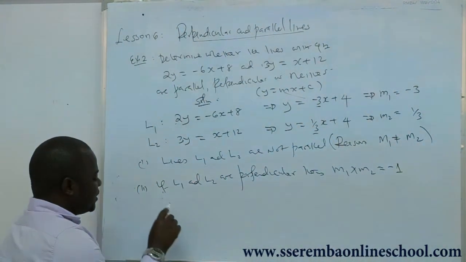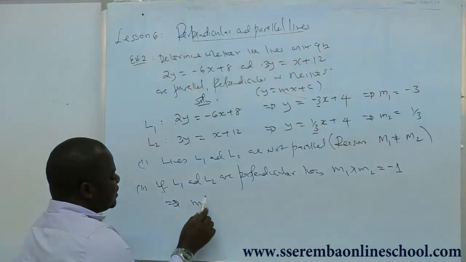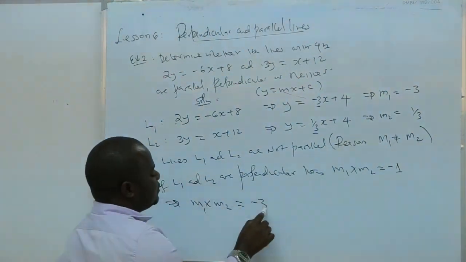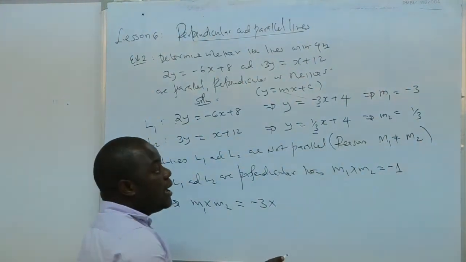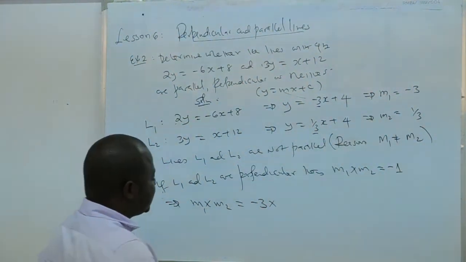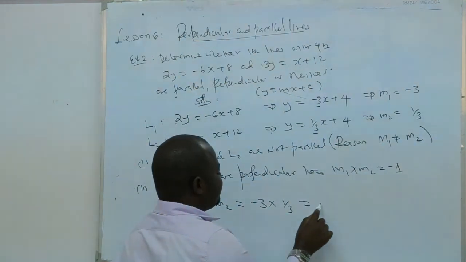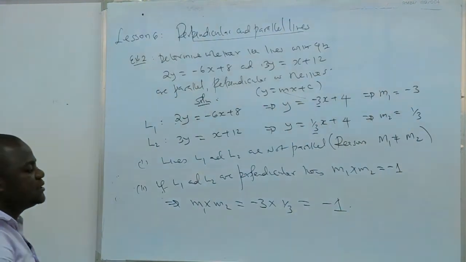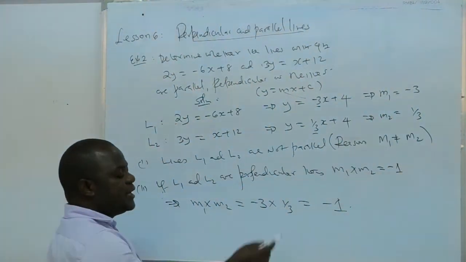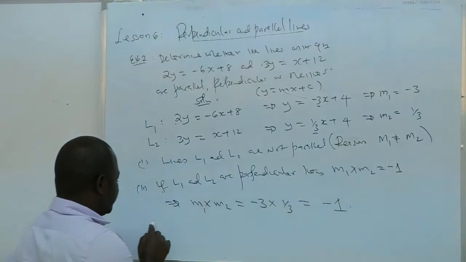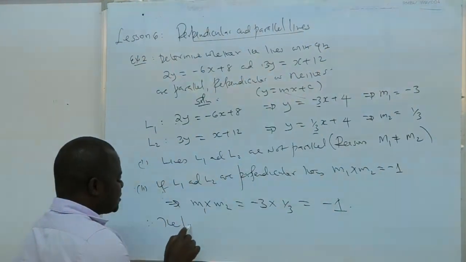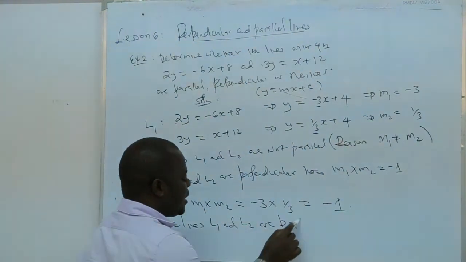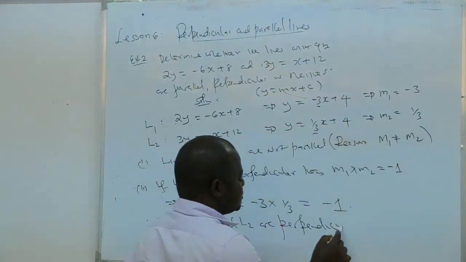We multiply m1, which is -3, by m2, which is a third. This gives you -1. So that shows these two lines are perpendicular, since the product of their gradients gives you -1. Therefore, the lines L1 and L2 are perpendicular.